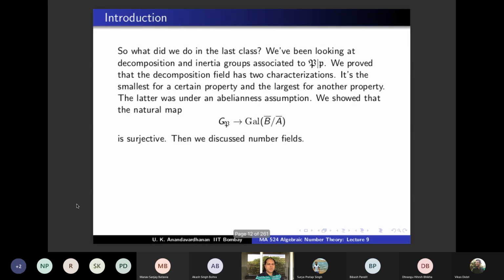And then we assumed we are in the number field situation, so these are finite extensions of the field of rational numbers, in which case A by P, B by P, etc. are finite fields. So the Galois group here is a cyclic group of some order.